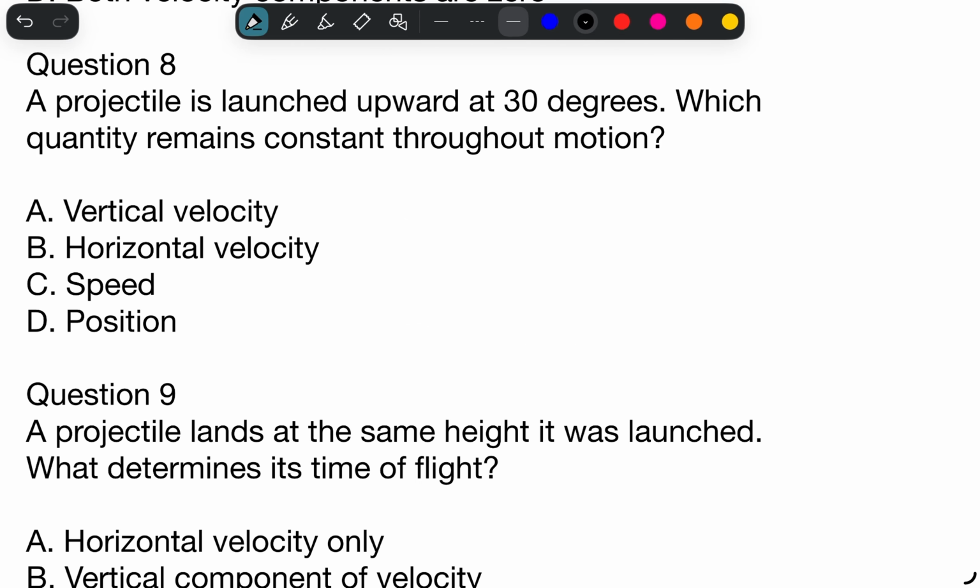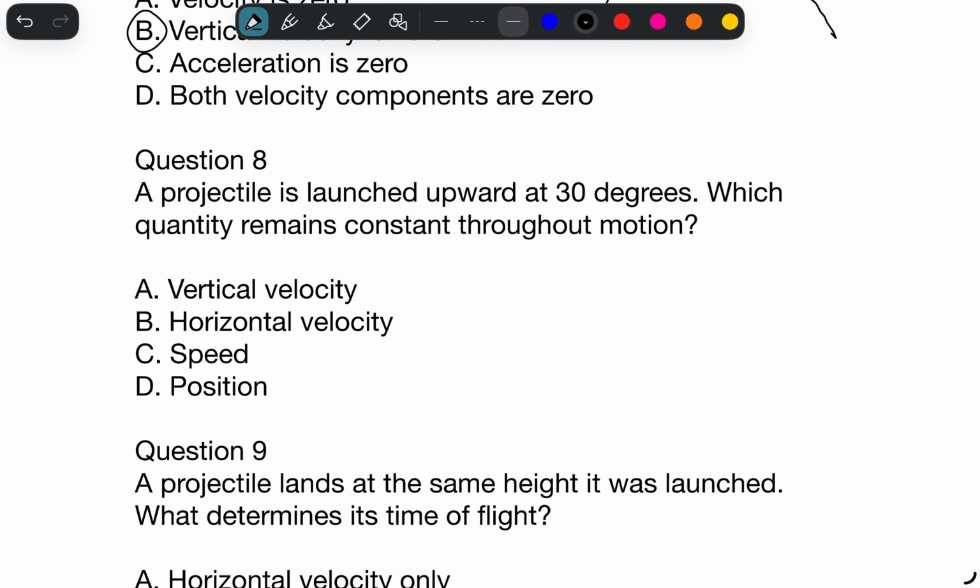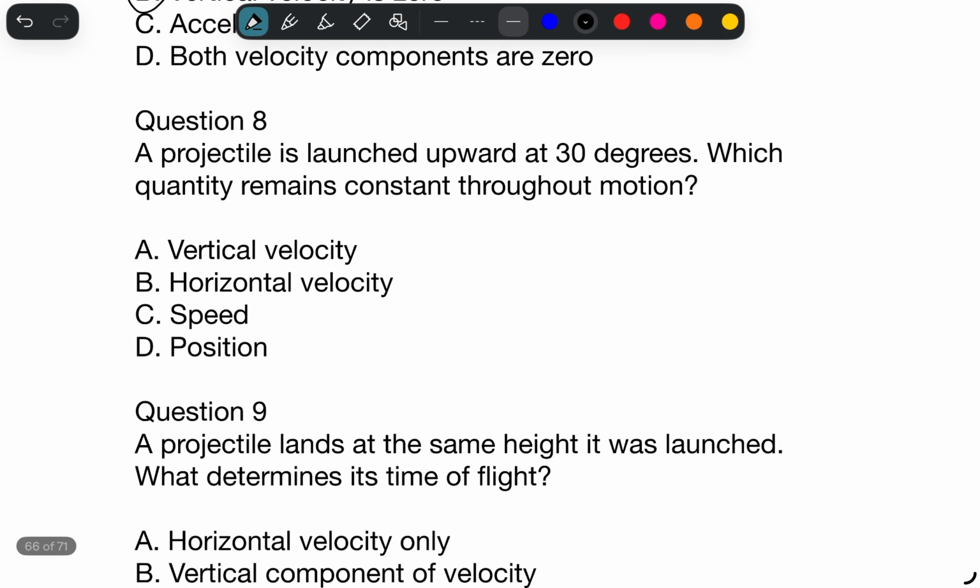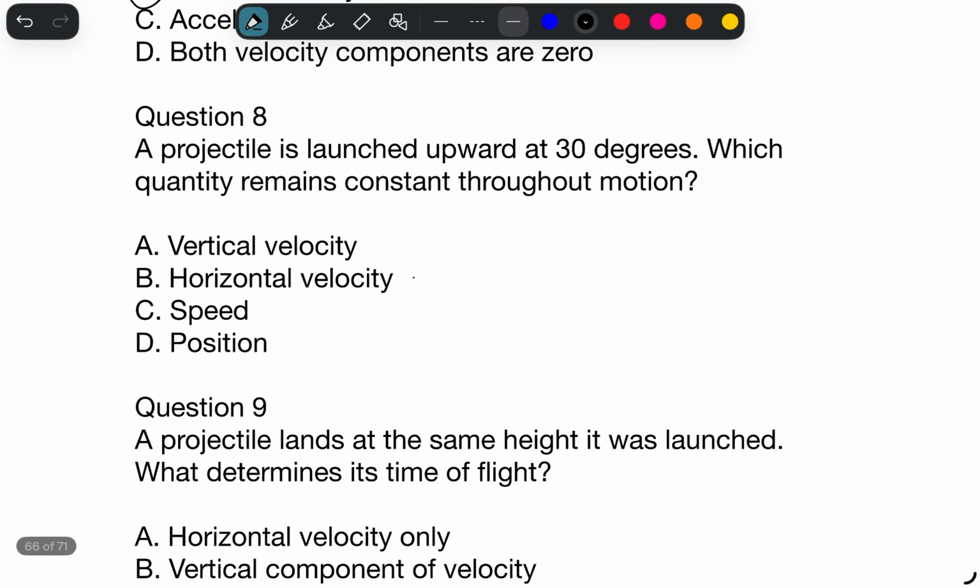A projectile is launched upward at 30 degrees. Which quantity remains constant throughout the motion? Well, our horizontal velocity is going to stay constant. Vertical velocity is going to change. Our acceleration is going to stay constant, g.